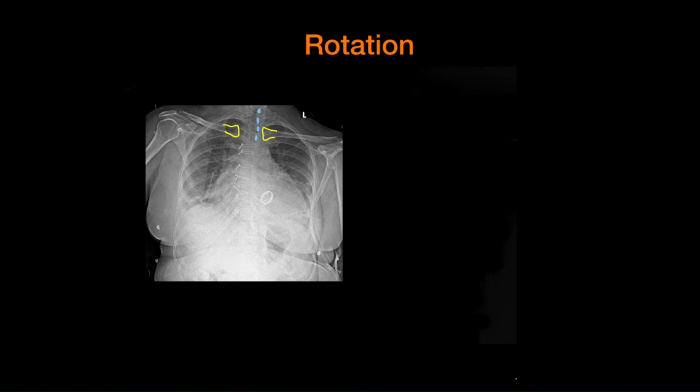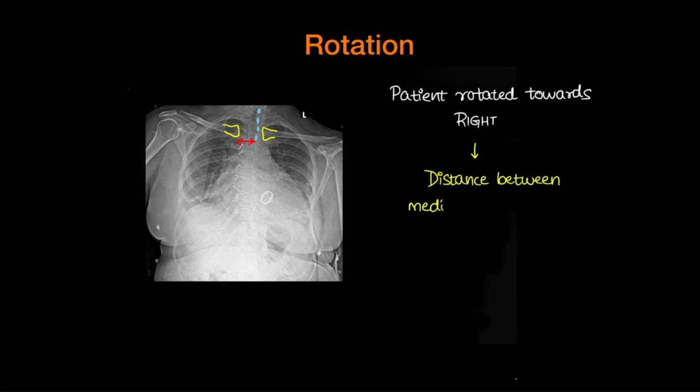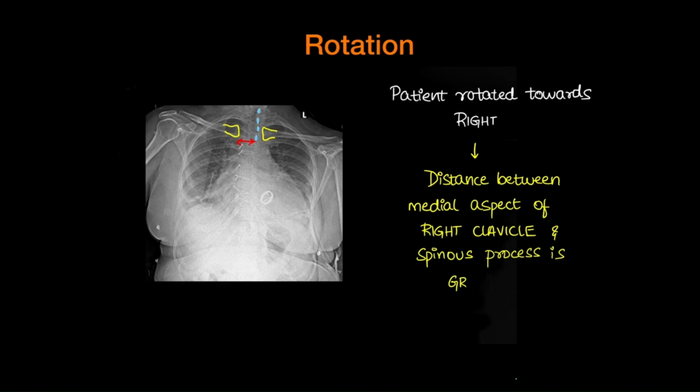If rotation is there, now here in this X-ray you can see that the patient is rotated towards the right side. How will we tell that? Because the distance between the medial end of the right clavicle and the spinous process is greater than the distance between the spinous process and the left clavicle.